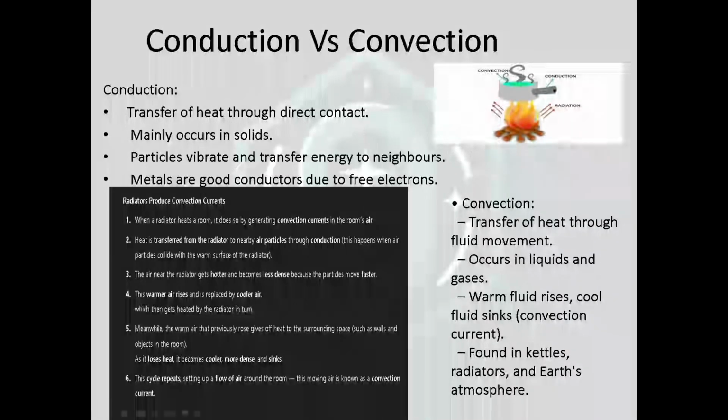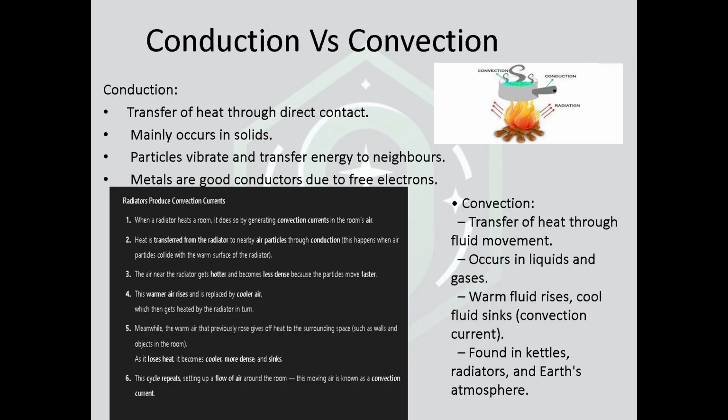Convection occurs in liquids and gases, and it allows for the transfer of heat through fluid movement. For example, a hot fluid will rise, cool fluids sink, forming a convection current. These are found in kettles, radiators, and Earth's atmosphere.